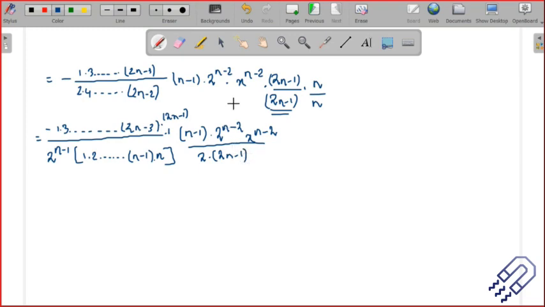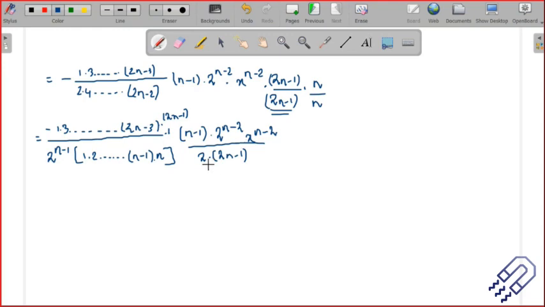Okay, why? Because if we check this, just a moment, I think there is some mixing up here. This one was n minus 2, so 2 to the power n minus 2. This is n by n. Okay, this is 2 to the power n minus 2 divided by 2 to the, yeah, this is correct.